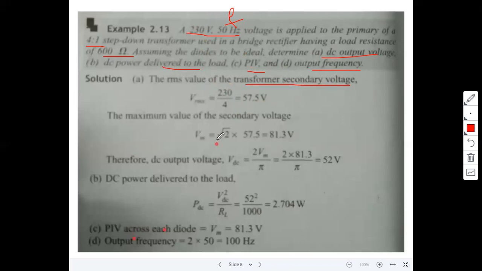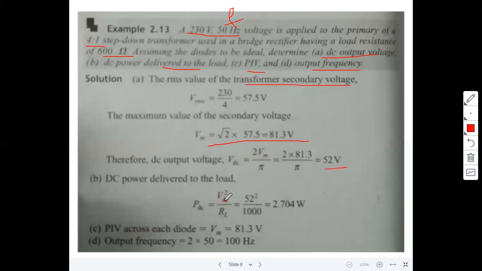Because 230 into N2 by N1 is equal to 230 by 4, which is 57.5 volts. Once you know the VRMS, Vm is equal to root 2 into VRMS, that is equal to 81.3 volts. Now what is the DC output voltage? DC output voltage is equal to 2 Vm by pi, that is equal to 52 volts.